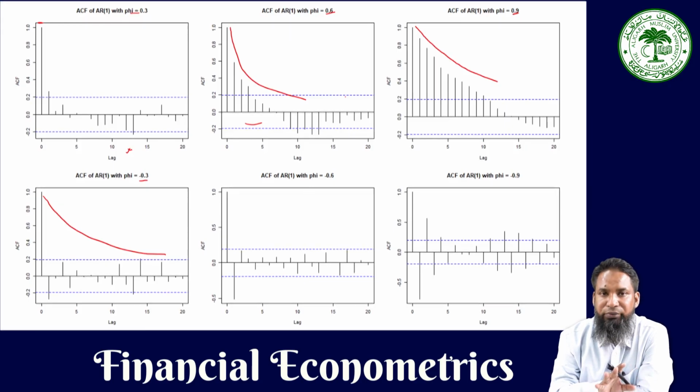So overall, two things we can observe from this. As time passes, the autocorrelation function of an AR1 process declines. However, the speed depends on the value of phi. The higher the value of phi, the lower the speed of decreasing. The lower the value of phi, the higher the speed of decreasing of the ACF.